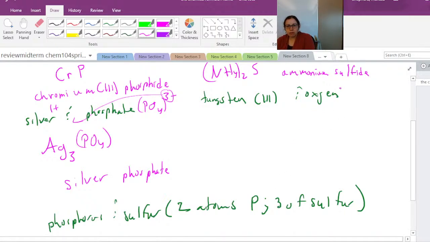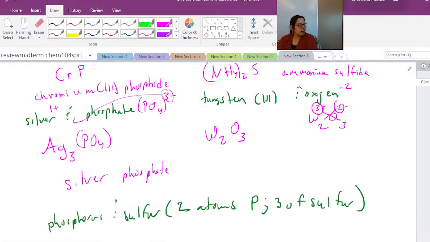So -2 for oxygen, and so again, use your swap trick. So we have 3+ for tungsten, oxygen's 2-, so swap them to get our formula. So W2O3, and then someone can give me the proper name.